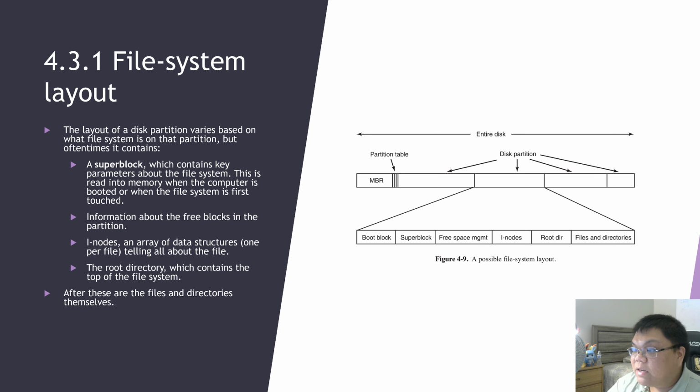There's also information about the free space on that partition. And then there are what are called inodes. That is an array of data structures, one per file, telling all about that file. So we have information about the files themselves. Then we have the root directory that contains the top of the file system. And then after all of that are the actual files and directories themselves.